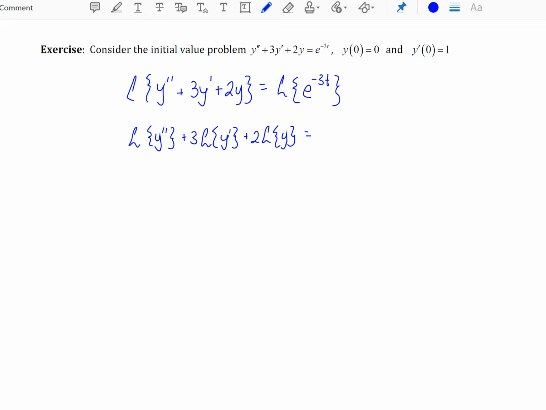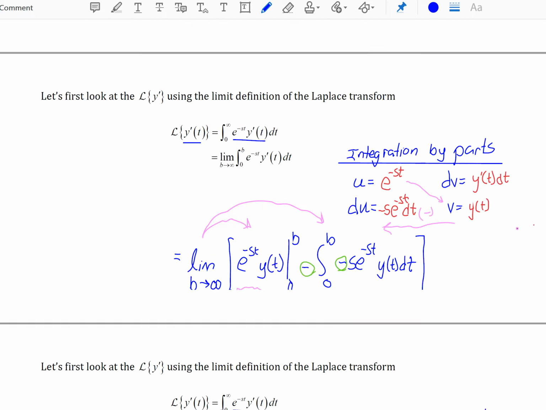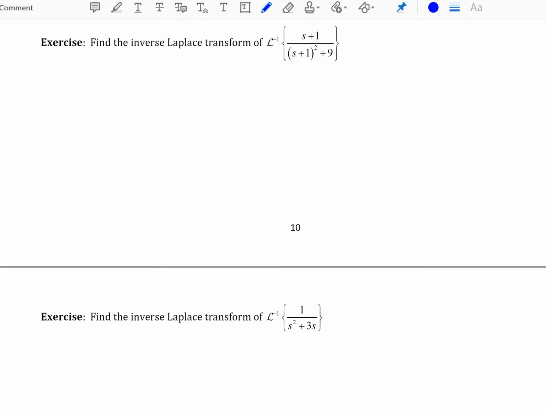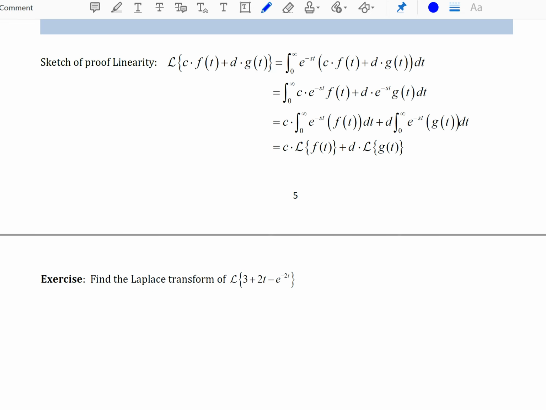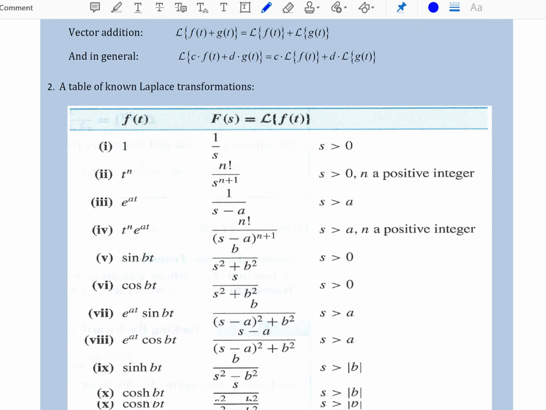And the right-hand side, we'll look this value up in our table of Laplace transforms. So the Laplace of e to the negative 3t. I'm going to scroll back to our table of Laplace transforms. There we go.